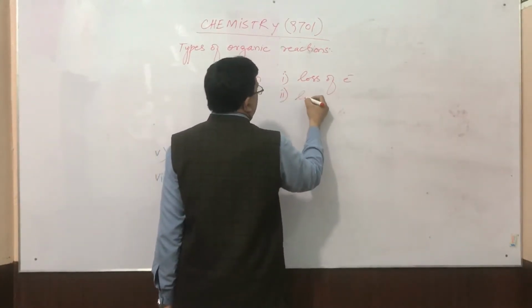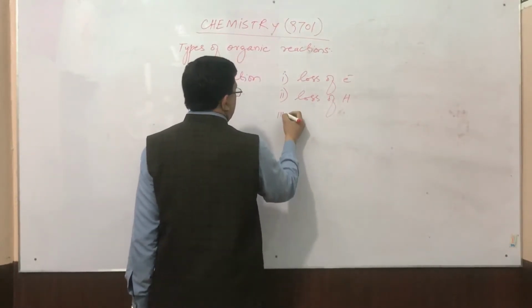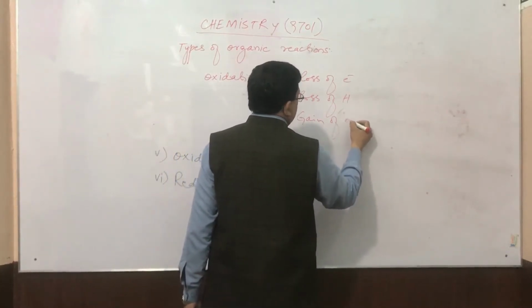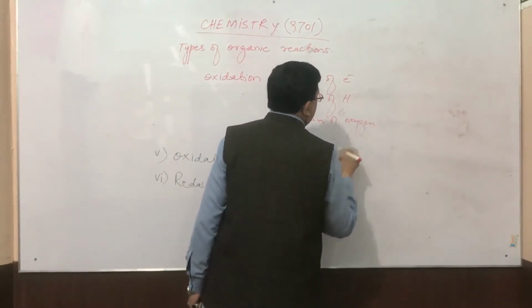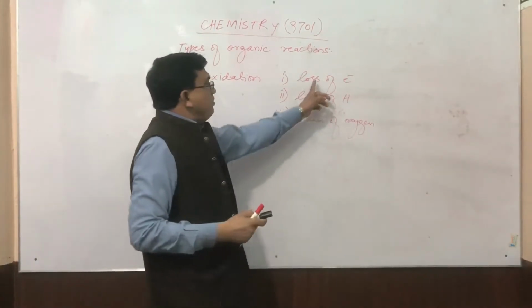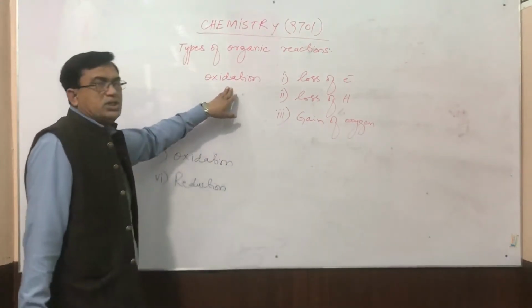Second, loss of hydrogen. Third, gain of oxygen. Any one of these processes taking place in a chemical reaction is called oxidation.